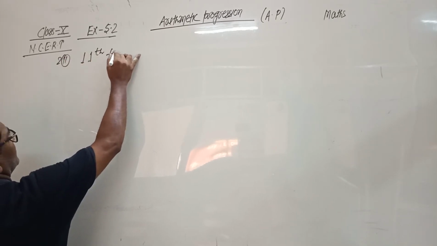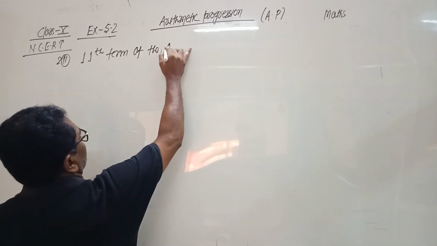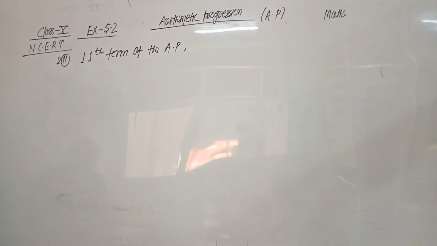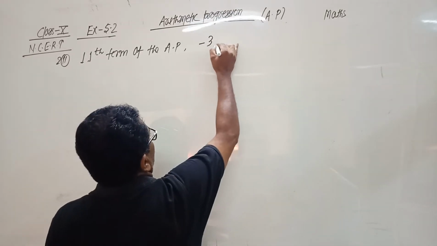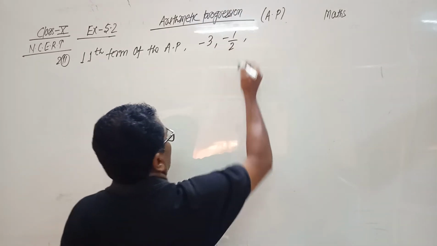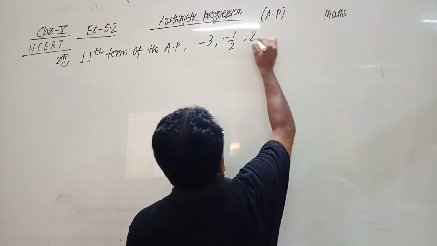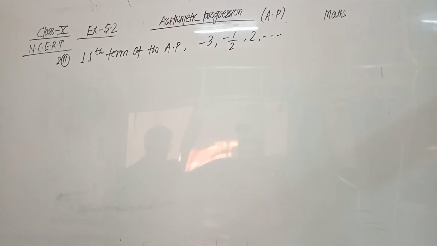The AP is given as minus 3, minus 1 by 2, 2 and so on. We have to find the 11th term of this AP.